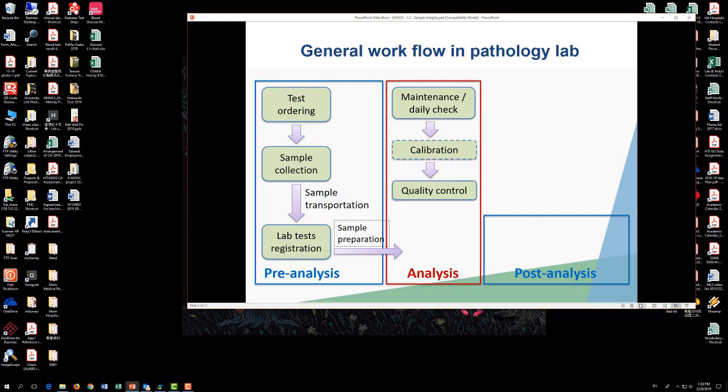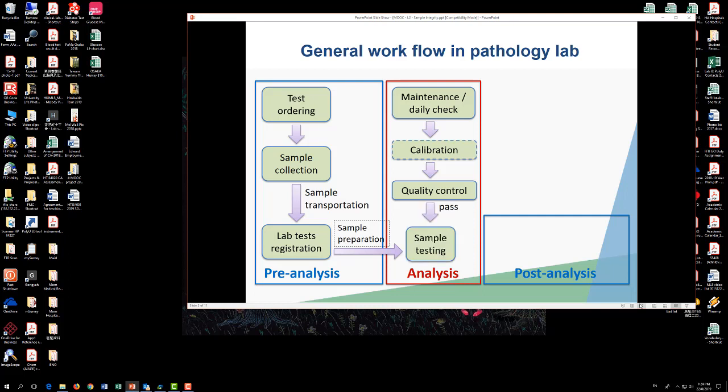Before we do the test, we will firstly have some maintenance and daily check of the analyzer, and then we will do calibration if it is needed. We must do quality control to ensure the analyzer is functional and can provide accurate results.